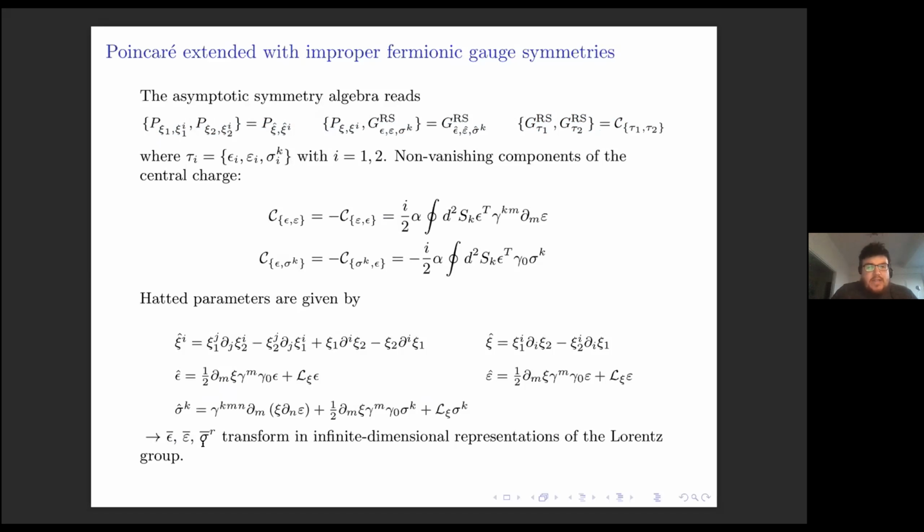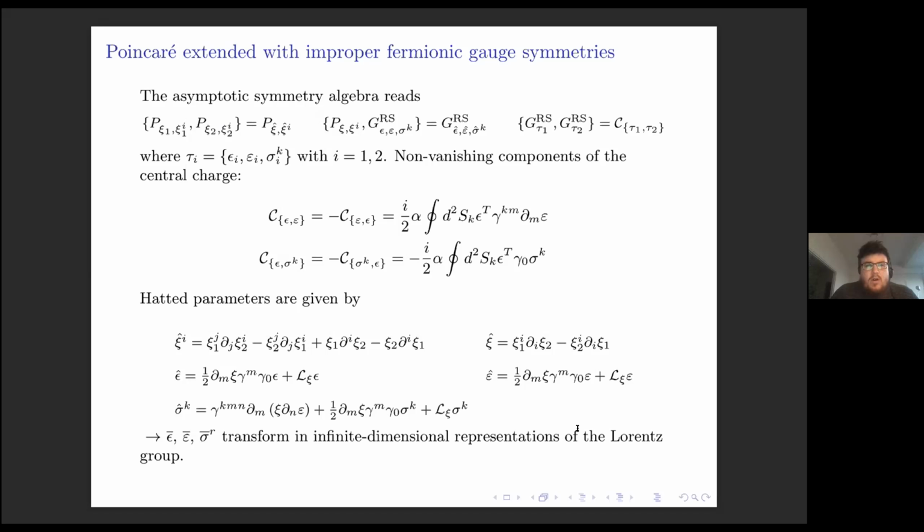Well, you can see here by the leading order of the transformation law of the parameters that the leading terms of the parameters transform in infinite dimensional representations of the Lorentz group because they are arbitrary functions on the two sphere.